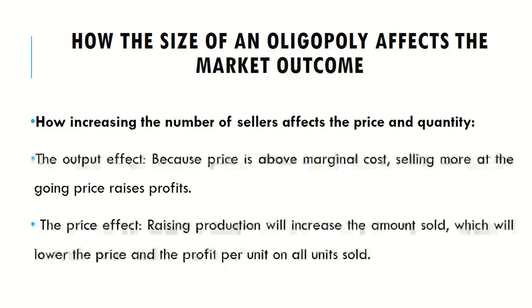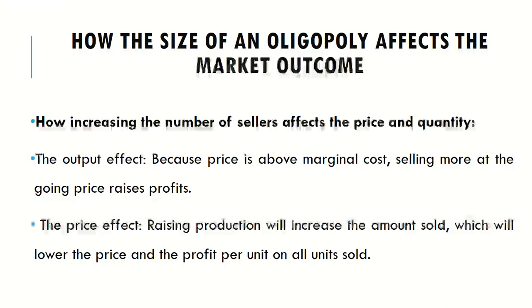So here we discussed how the size of an oligopoly affects the market outcomes, and it has two effects, the output effect and the price effect. In the output effect, when the number of sellers increases, the quantity produced and sold also increases, and when more quantity is sold at the existing price level which is greater than the marginal cost, it will raise the profit of the firm. The second effect is the price effect, which shows that production increases with the increase in number of suppliers.